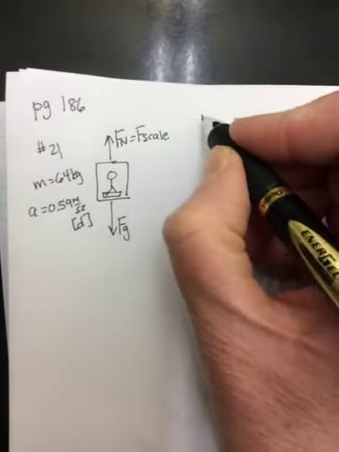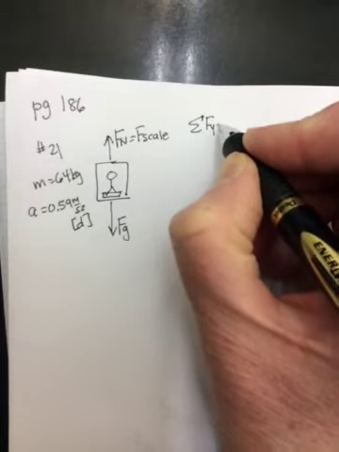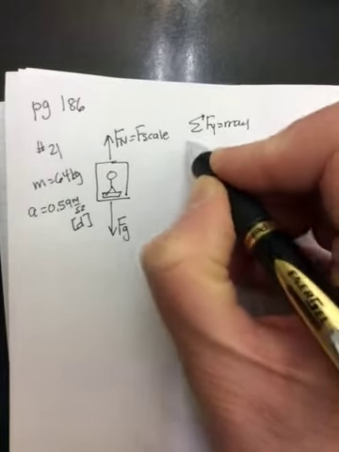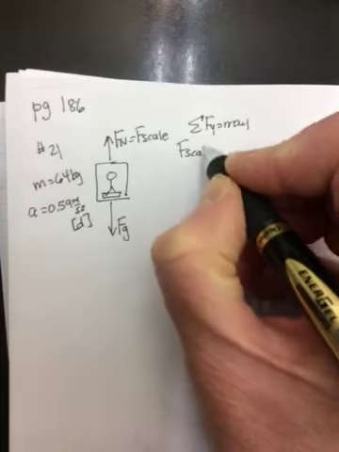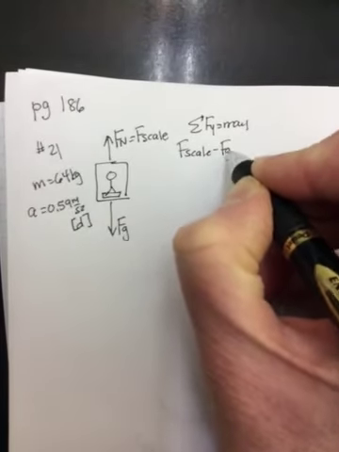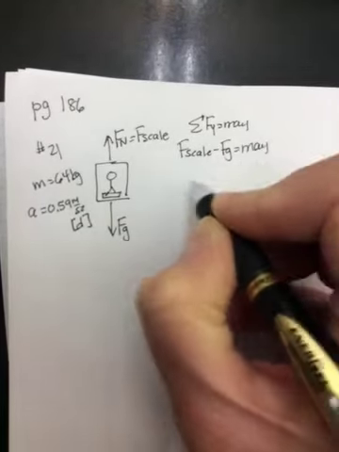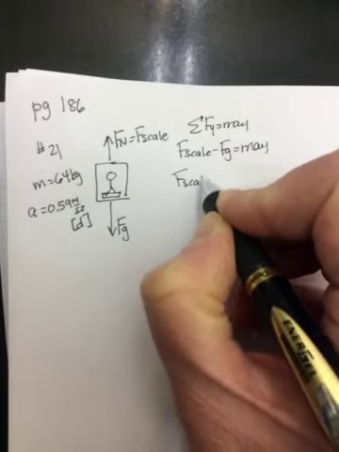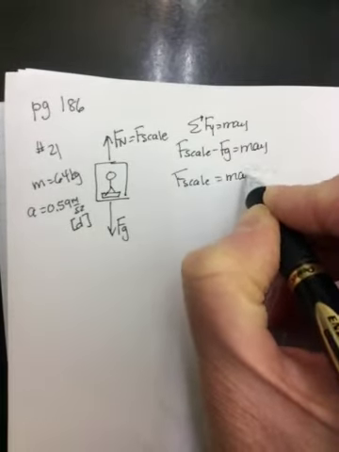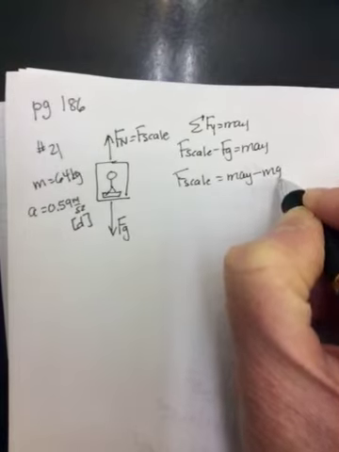And then what is the reading on the scale? So sum of the forces in the y direction. F scale minus Fg is equal to MAY. So F scale should be equal to MAY plus Mg.